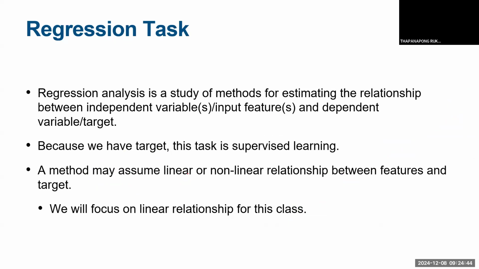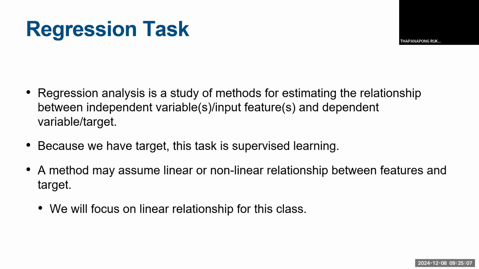And now we come to regression, the task that we're doing right now. We want to find the line that is closest to every point, which means the point itself is actually our data. So we have a graph here.